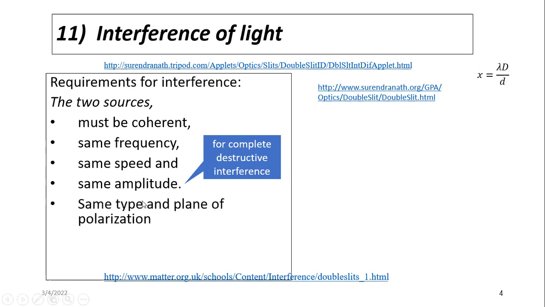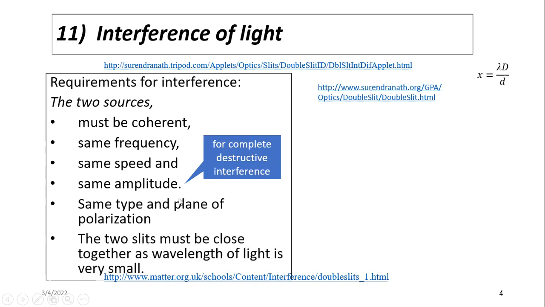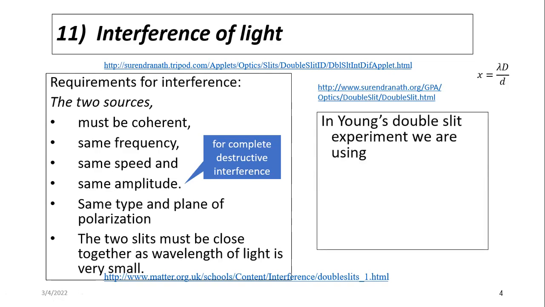Same type and plane of polarization, that means sound and sound, light and light. And then the extra for light, this is the extra one. The two slits must be close together. If not, the fringes will be too small to measure. So for Young's double slit experiment, we are using narrow slits.